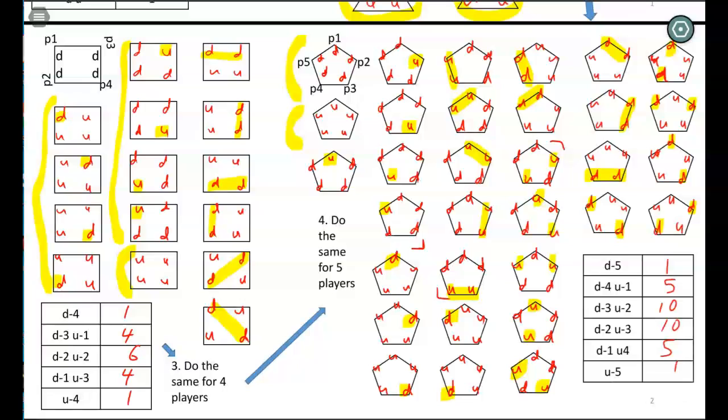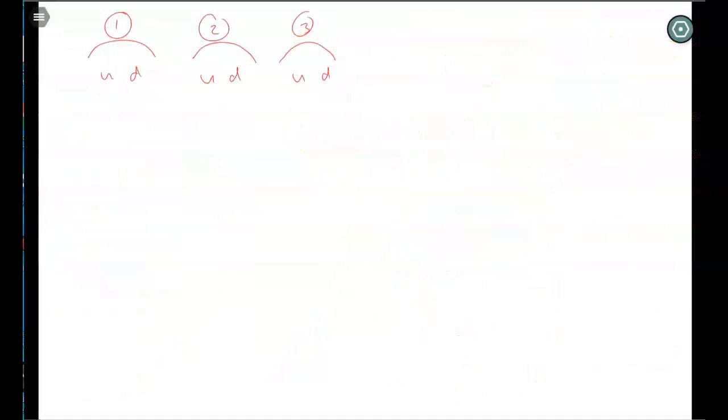Let's open up a different sheet. Okay, so here let's make the connection from u's and d's to the binomial theorem. Okay, so let's say we have 3 people. I made 3 people right here, person 1, person 2, person 3, and they all have the possibility of throwing either u or d when they play the game. And so what I'm going to do is make a little representation here of all the possibilities of how they would throw u or d, okay?